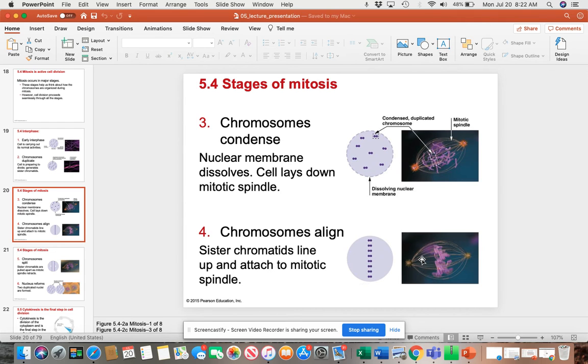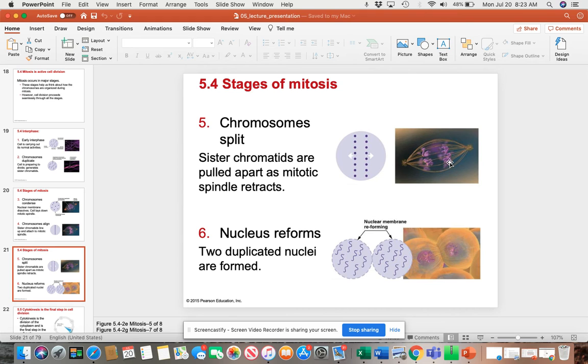Metaphase is where the chromosomes are lying on the equator and connected by the microfibrils to the centromere. So notice they line up in the middle, on the equator.